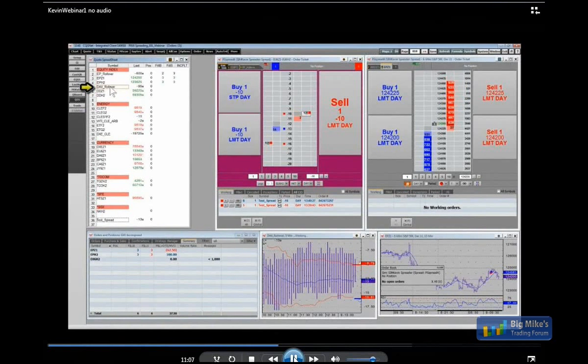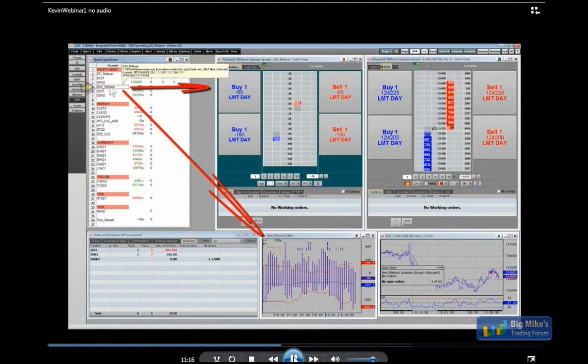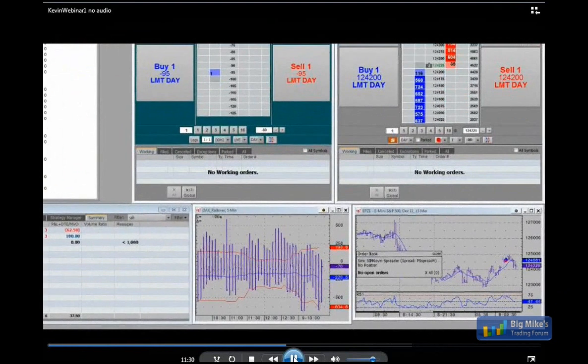For example, quickly clicking on my quote spreadsheet, I'm going to pull up the DAX market, which is traded in Eurex. And again, you can see with a quick click on the strategy that I've already built, I get the market data in the trading interface in the middle. And as well, I've got the chart in the middle reflecting the market data for that synthetic strategy.